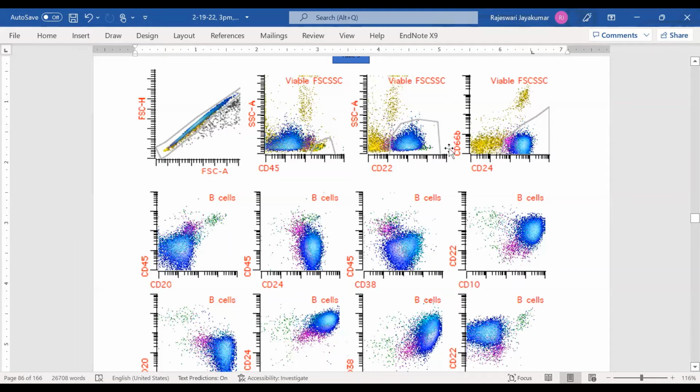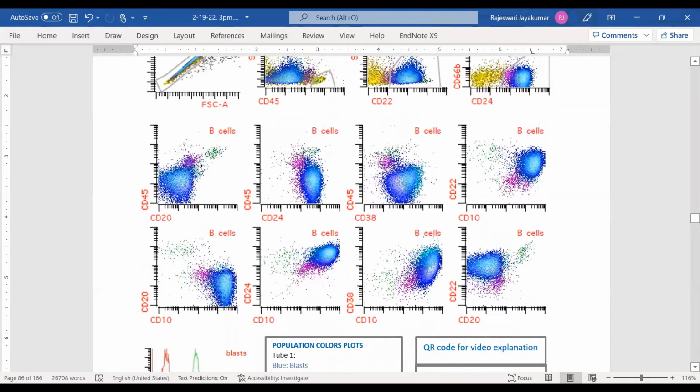The role of CD66b is to eliminate the granulocytes from this gate, because granulocytes express both CD24 and CD66b, so they sit here, whereas lymphoblasts are negative for CD66b, so they will sit here. So that's how you will isolate B lymphoblasts without using CD19, by using CD22, CD24, and CD66b.